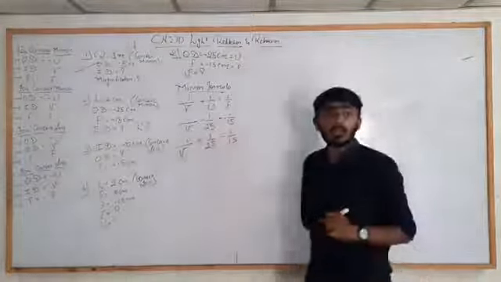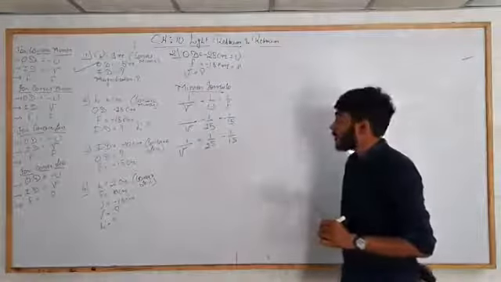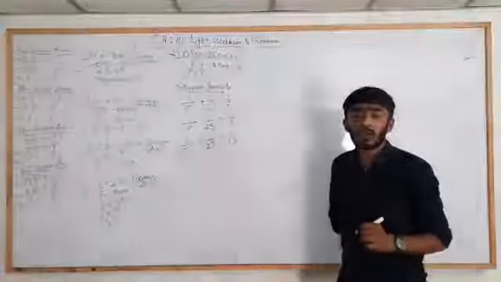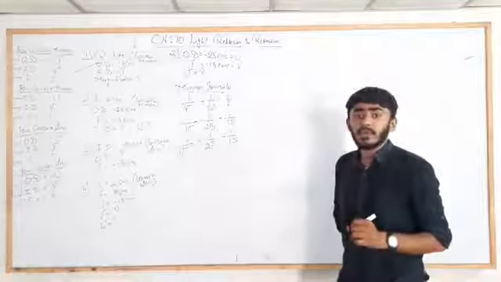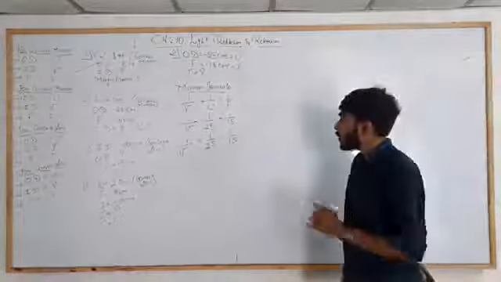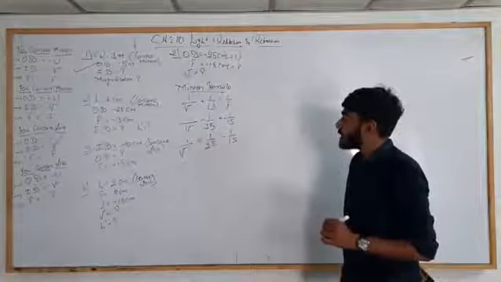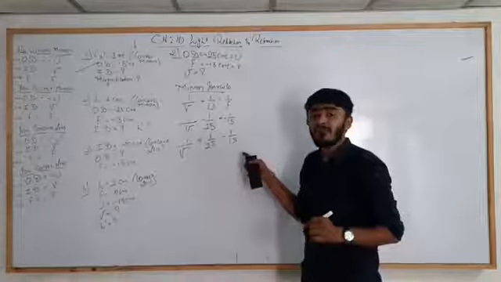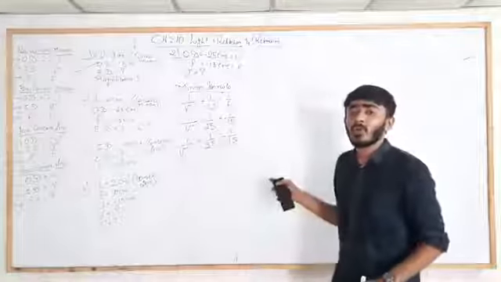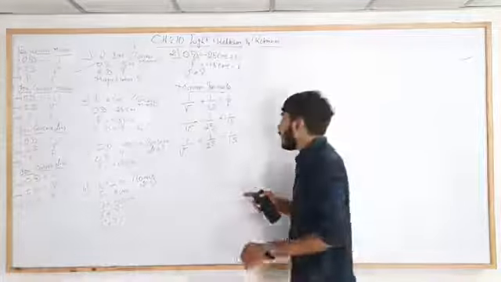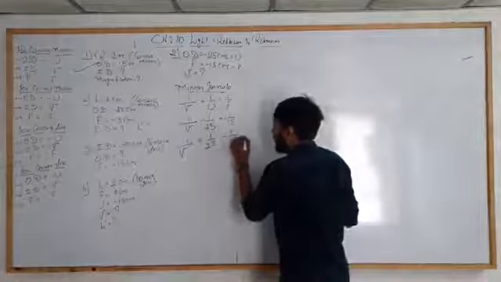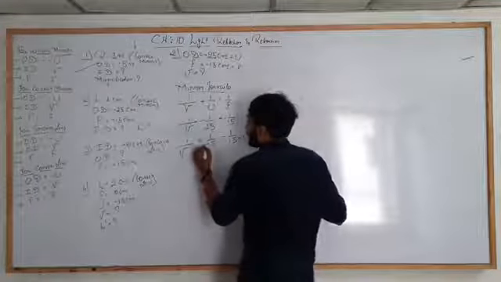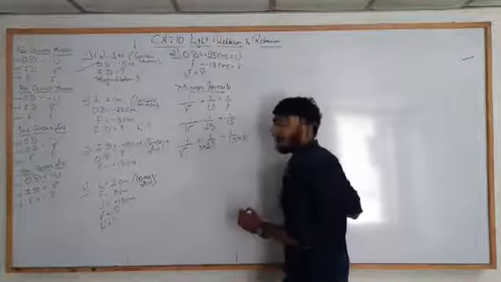Okay, I hope you are clear with this. 1 upon V is equal to 1 upon 25 minus 1 upon 15. So what we can do over here is take the LCM of 25 and 15. Do we have anything in common? Yes, 5s are. So 15 5s are 75, 25 3s are also 75.